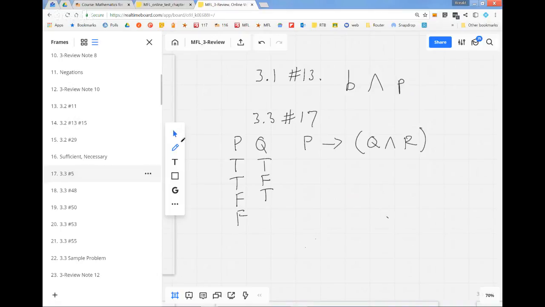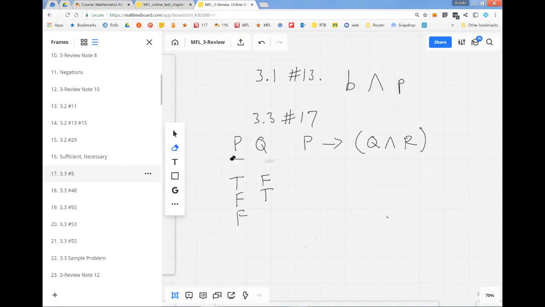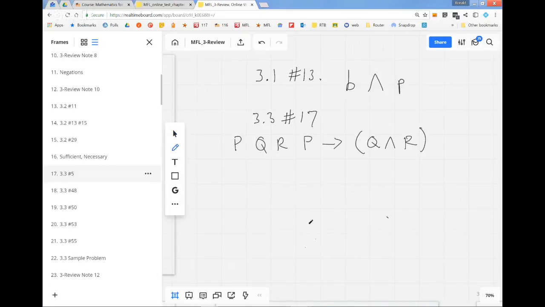So we need to make room for an R. And with 3 variables, we got to go 8 down. The first thing we're going to do is 4 truths, 4 falses.